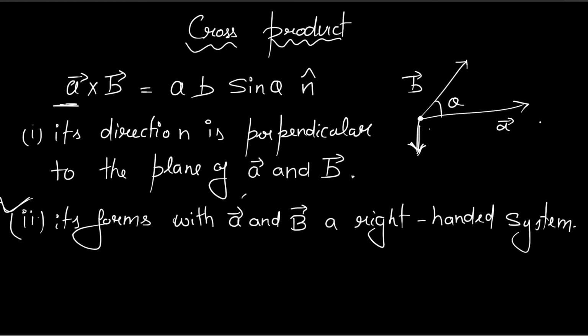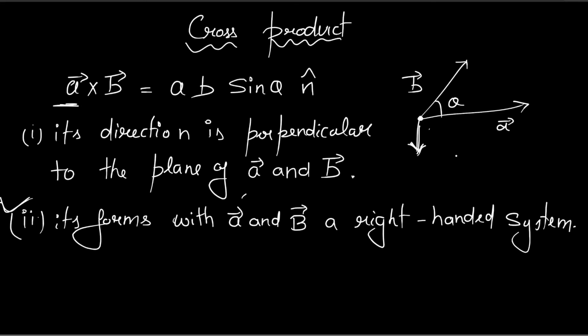If you curl in the direction of the B vector, then perpendicular to the plane, the thumb will give the direction of the unit n vector, and it comes out in the outward direction.